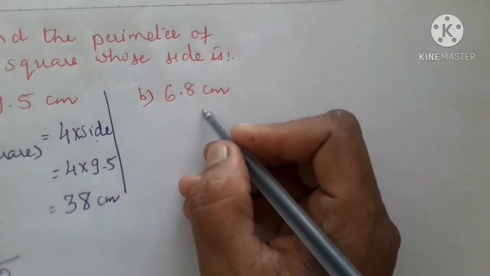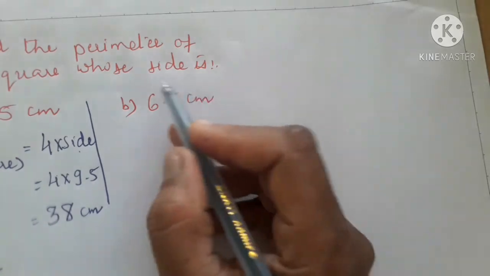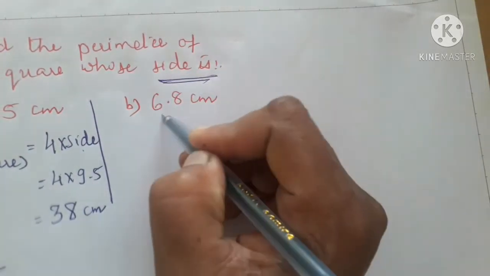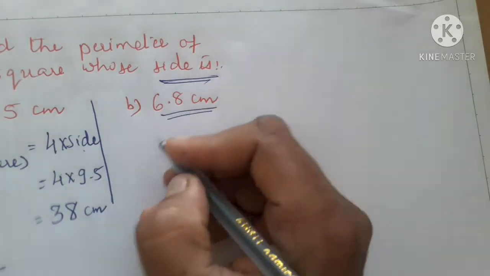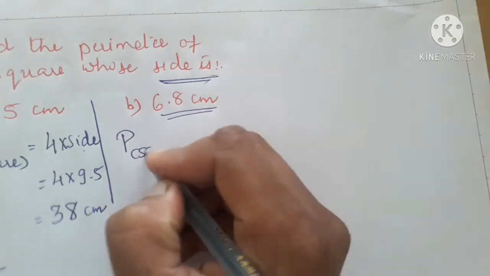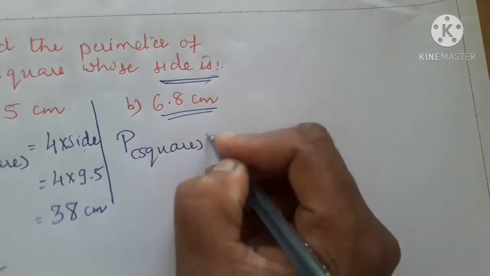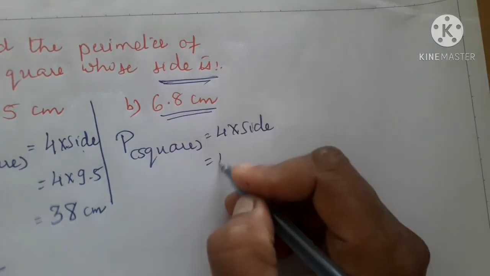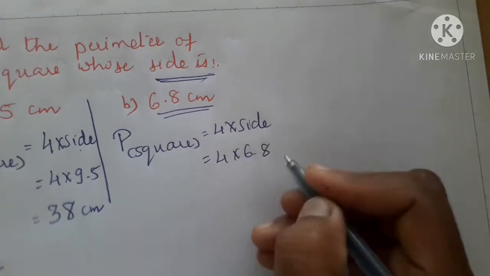Now see this question. Here also you have to find the perimeter of a square, and side is given as 6.8 centimeter. So again I need to write perimeter of a square, that is equal to 4 into side. So here I have 4 into 6.8.